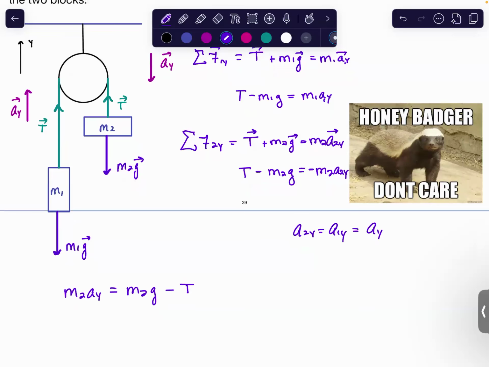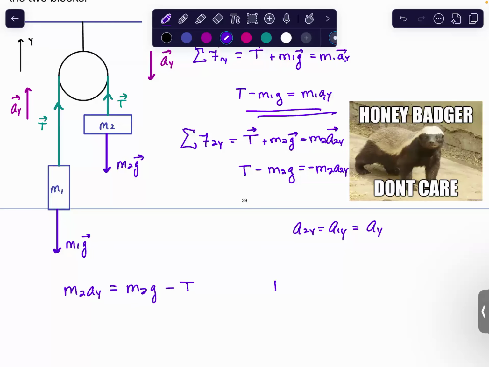Now, let's look at the sum of forces for mass 1. T minus M1G equals M1AY. Why do they all equal each other, A2Y, A1Y, AY?